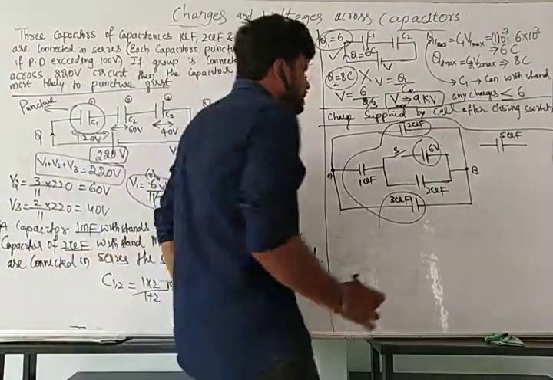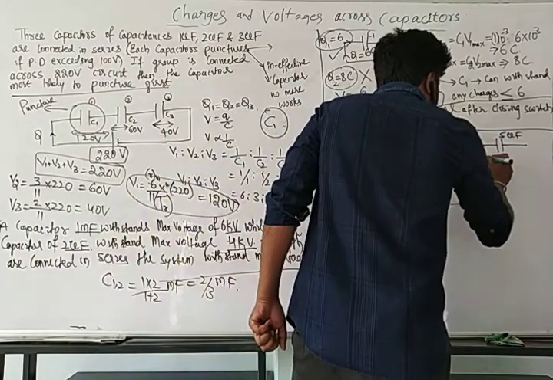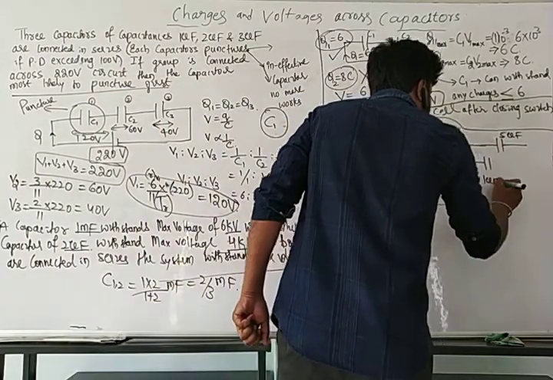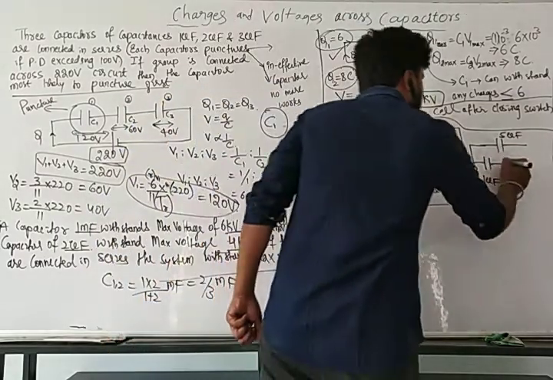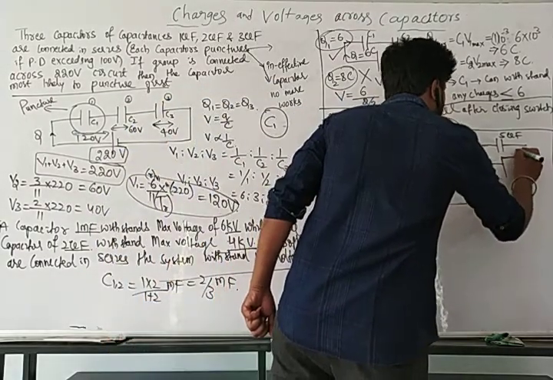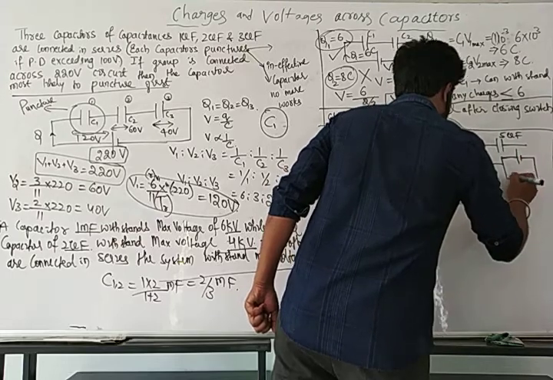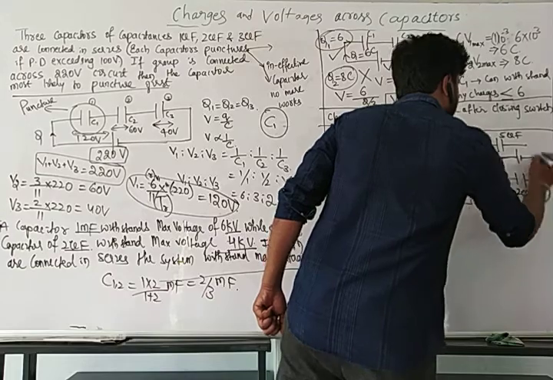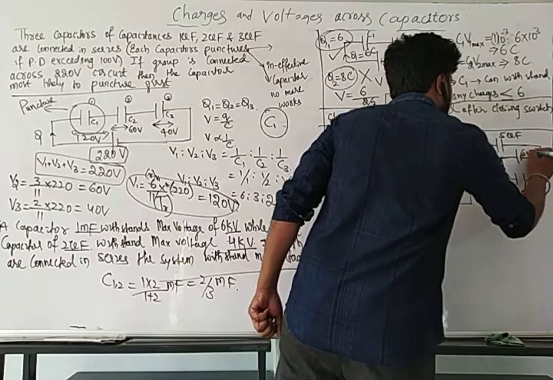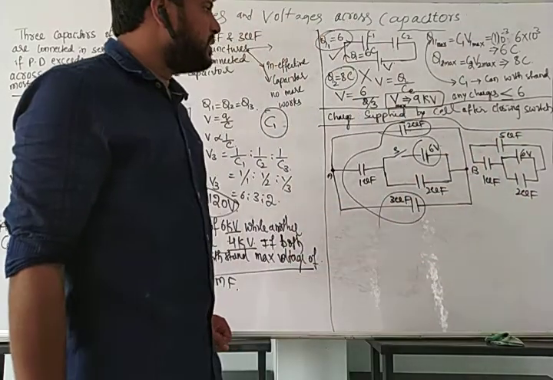Done. Later, you can see here there is 1 microfarad, followed by the switch S closed here, 6 volt, and here 2 microfarad. This is 6 volt. See this condition.